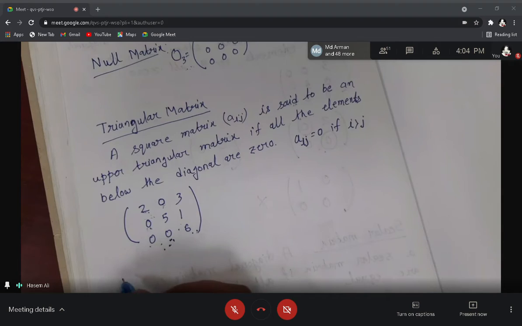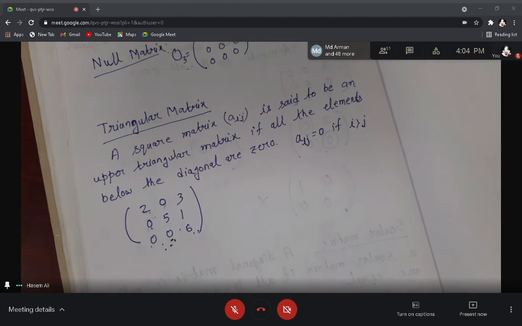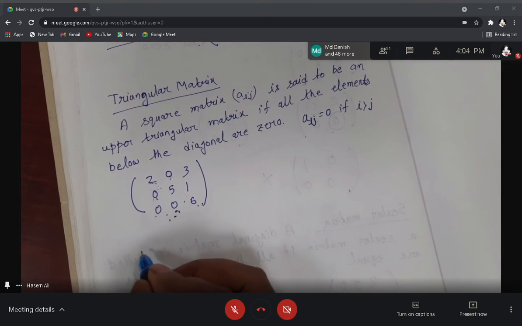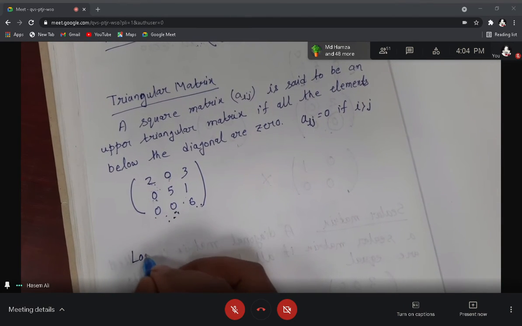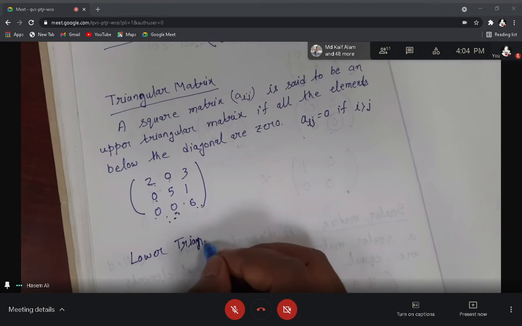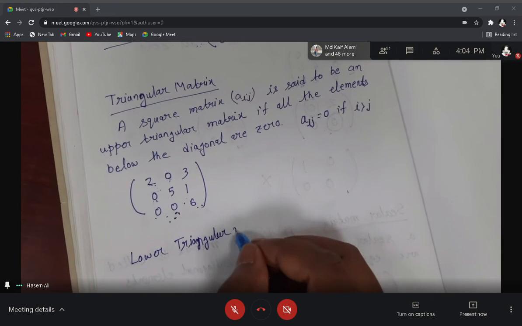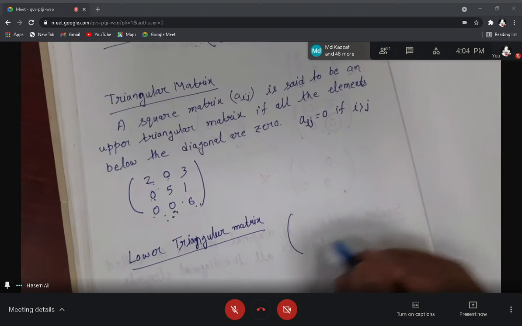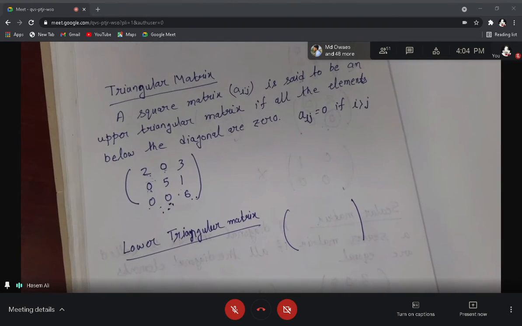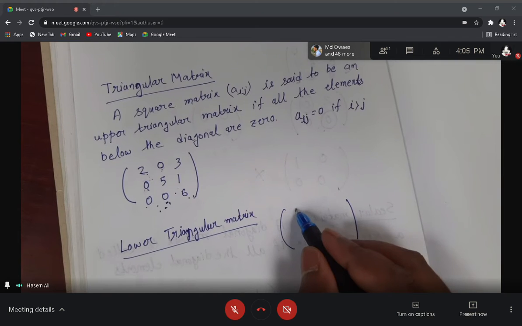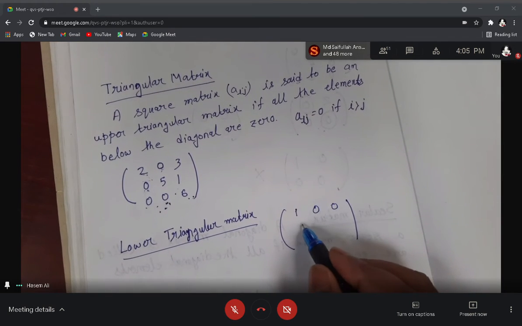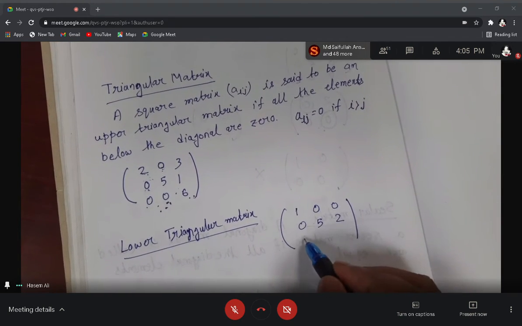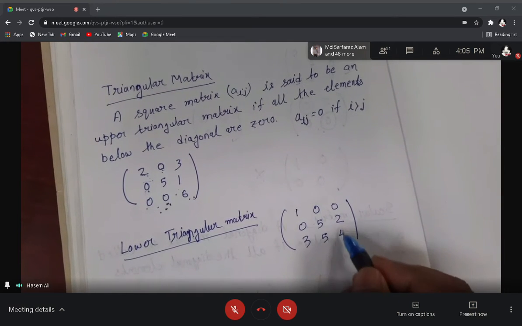Similarly, a lower triangular matrix is one where all the elements above the diagonal are 0. For example, let 1 0 0, 5 2 0, 3 5 4.